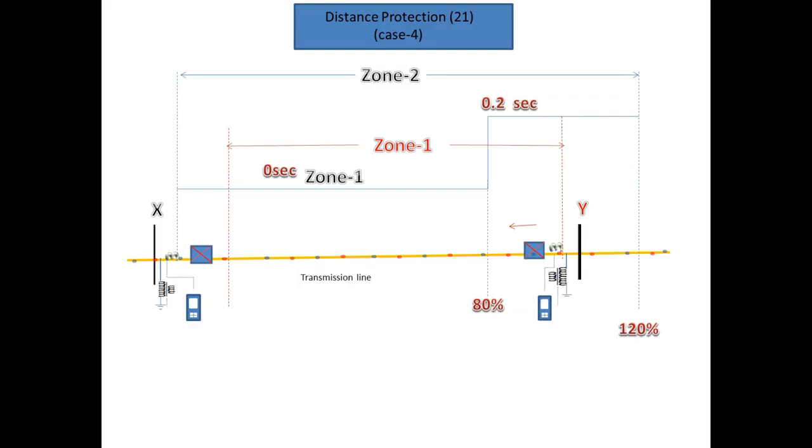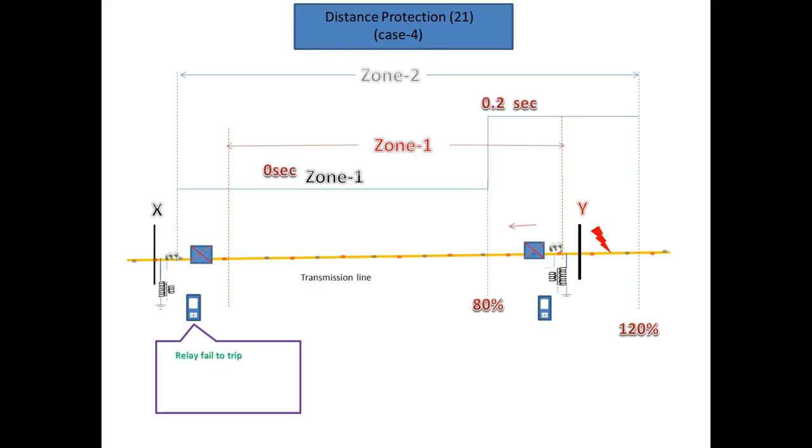You can see here the fault is in zone 2 for me and the fault occurs on the backside of the receiving end station. If my relay fails to trip, the fault goes out of step and the other station relay also does not operate. Now we have to make some arrangement for additional protection, so we go for a reverse zone, that is zone 4.